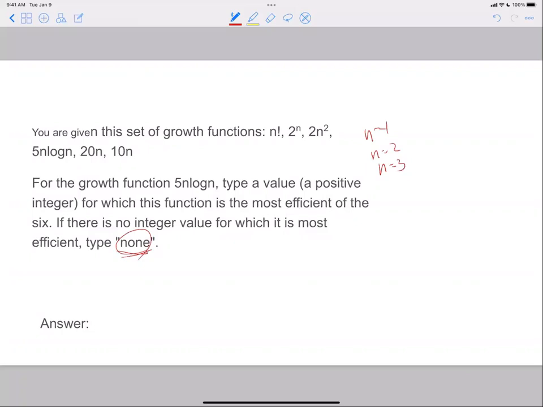We want to compare for the growth function 5n log n. Let's just try it.